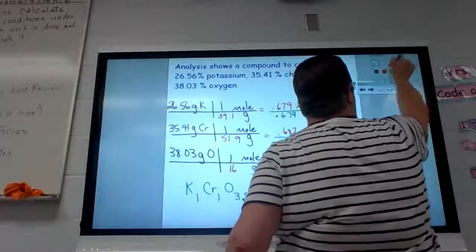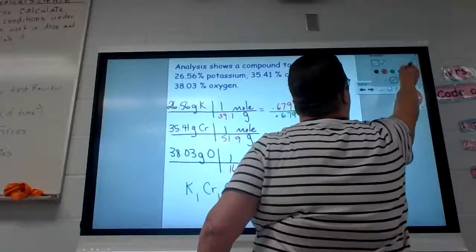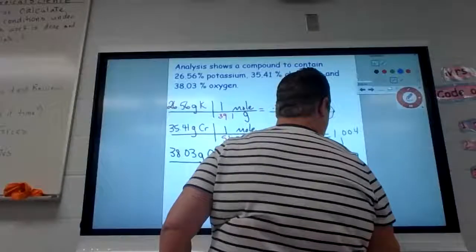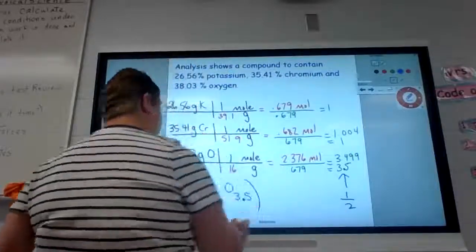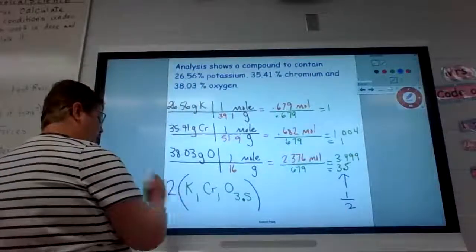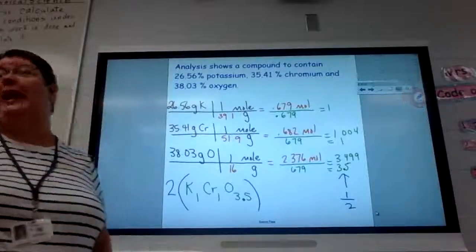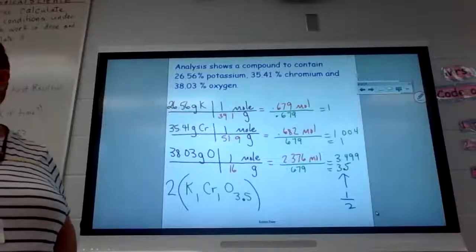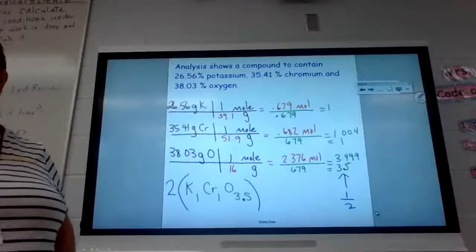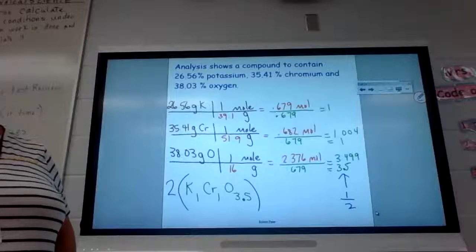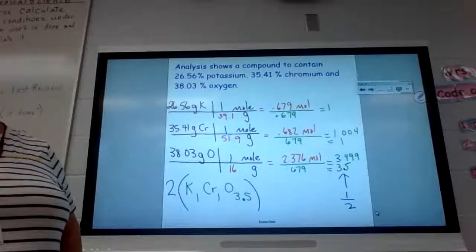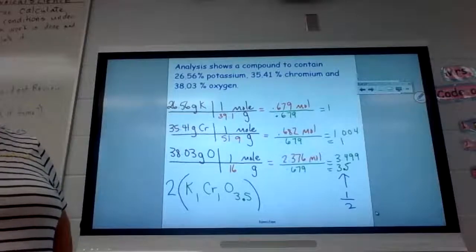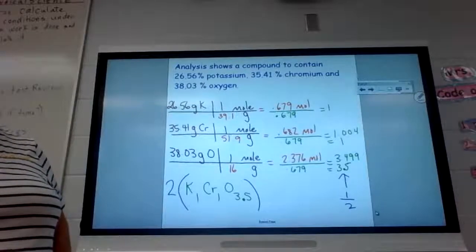Flip it. This is a half, so you are going to multiply by 2. Now, because you're in a first year class, you will either get a straight up whole number or you will get a half. If you were in AP, you could get a fourth, a third, a half, or a whole number. But you would only see a whole or a half in a first year chemistry class.